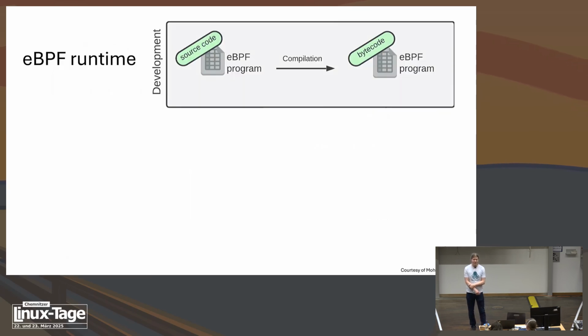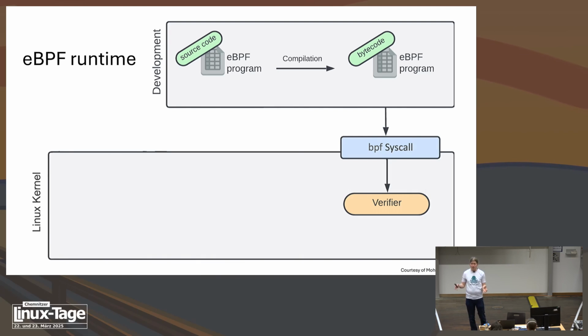Anyway, how does eBPF work? It's pretty simple. You write your program, typically in C code, and it's a small program that hooks later into things like the network interface. Then you compile it down to a pretty simple bytecode. Essentially, it represents a really simple machine model so that you can easily put it on many machines. Then we load it into the Linux kernel via system call, then we go through the verifier.